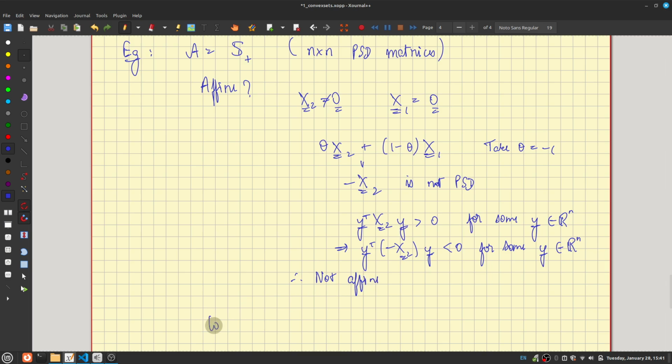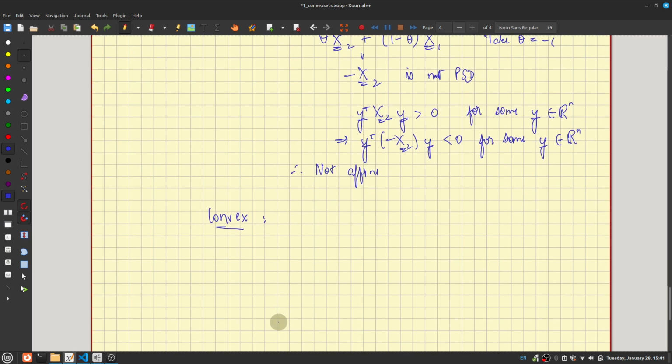What about convex? Yes, it is convex. And why? Take theta x1 plus 1 minus theta x2 and apply y transpose and y on that matrix.